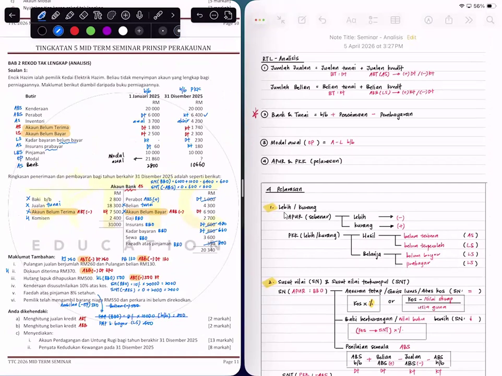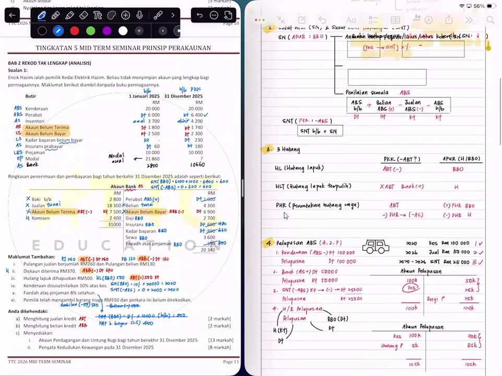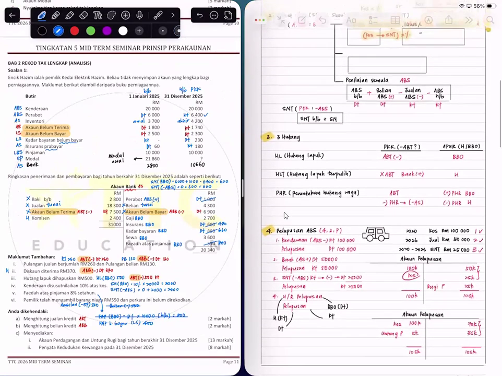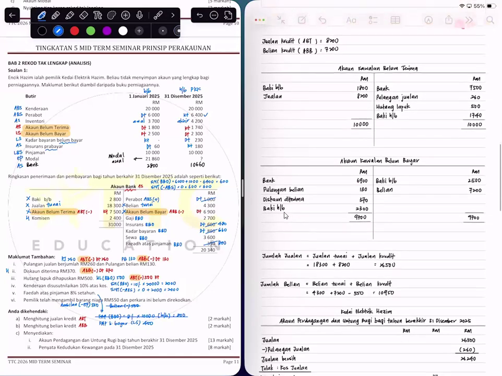Done taking picture? Then I will scroll to the next part of the notes. Okay, then the answer.